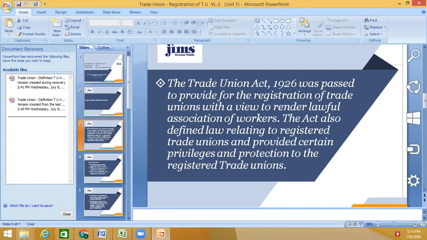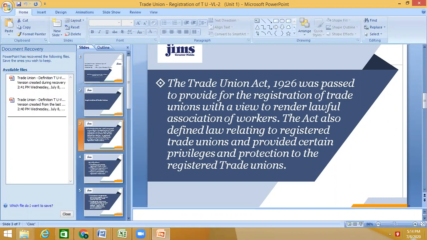The Trade Union Act 1926 was passed to provide for the registration of trade unions with a view to render lawful association of workers.